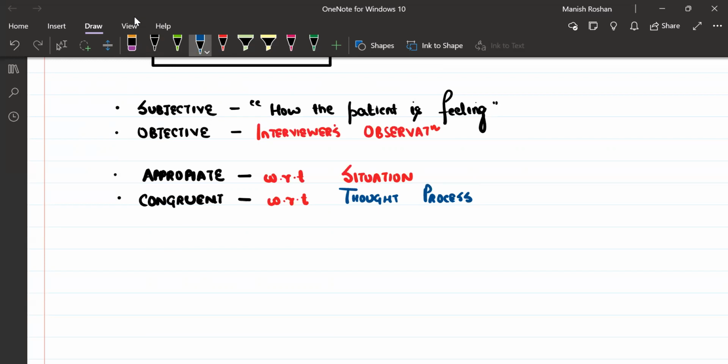So these are the important headings in which the mood should be described: how the patient is feeling, the interviewer's observation of the mood, whether the mood was appropriate, and whether the mood is congruent.